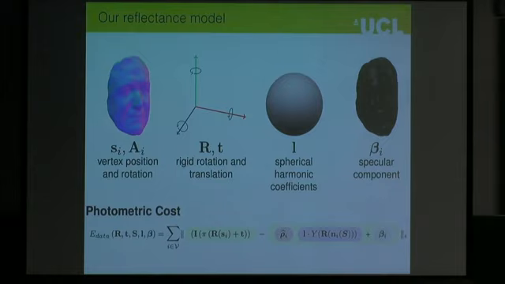So this is the cost that we're minimizing now. All that we've done is substitute the reflectance equation into the brightness constancy, and now we're minimizing by modeling everything properly. So here we have the albedo, here we have the coefficients of the spherical harmonics, and we have the normals of the surface and the specular component.